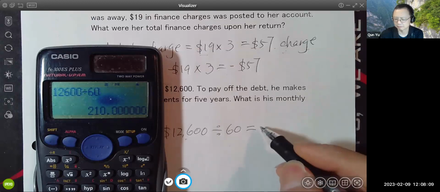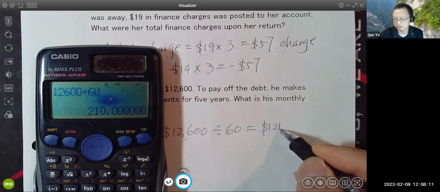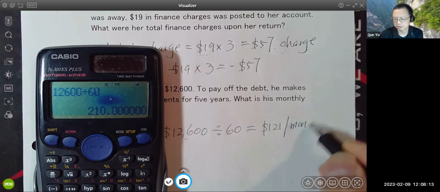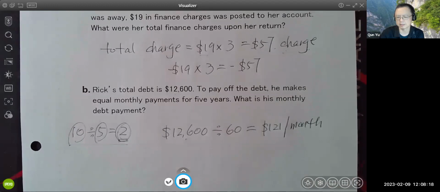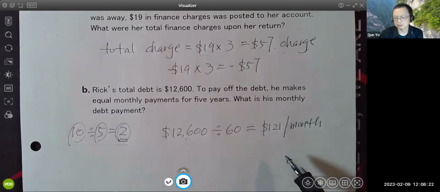Yeah, 210. $210 a month. Then you can answer the question. Usually we need to answer the question in a formal way since these are application problems. And say Rick's monthly debt payment is $210.